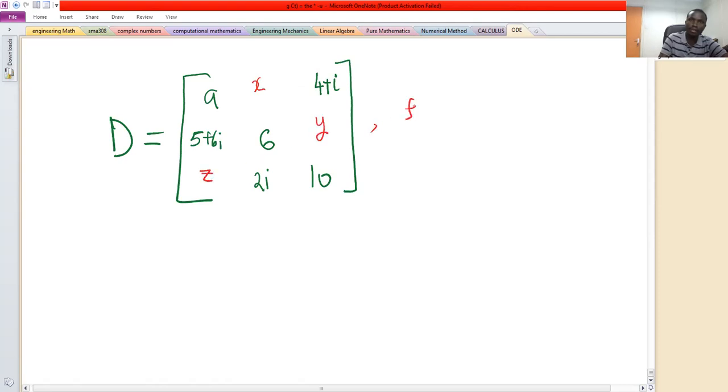Then find x, y, and z for D to be Hermitian.